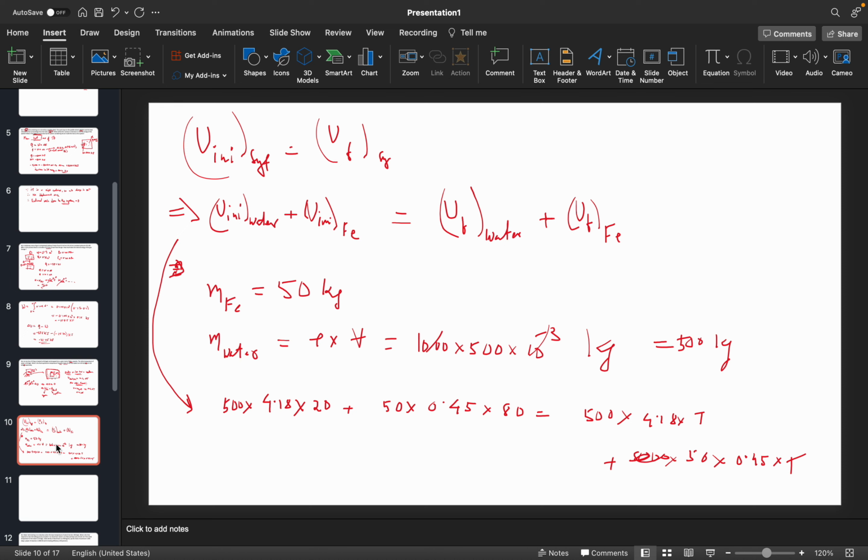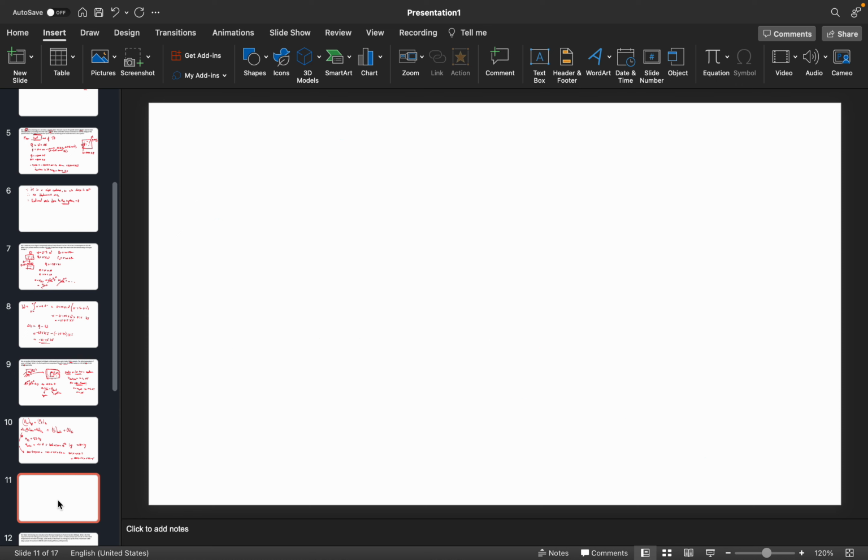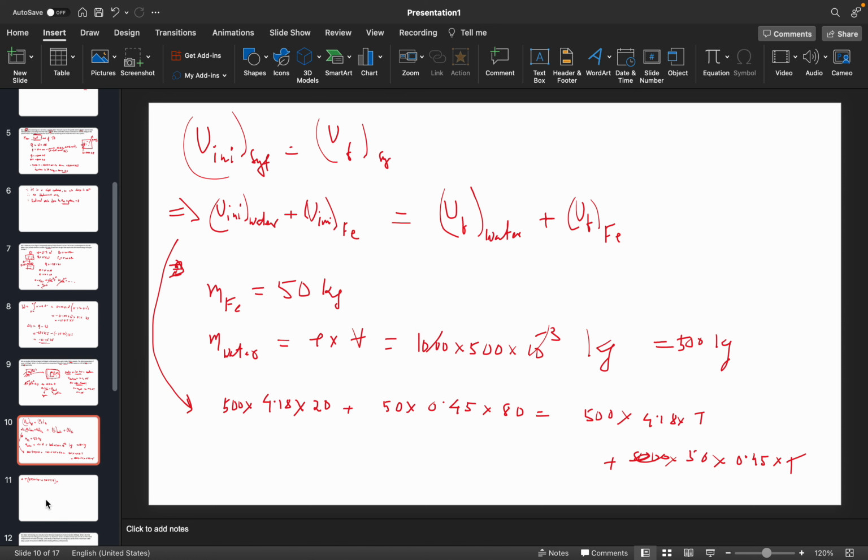I can take 500 into 4.18. If you take this, you will get T into 50 into 0.45 plus 500 into 4.18, and this will be equal to the other side.